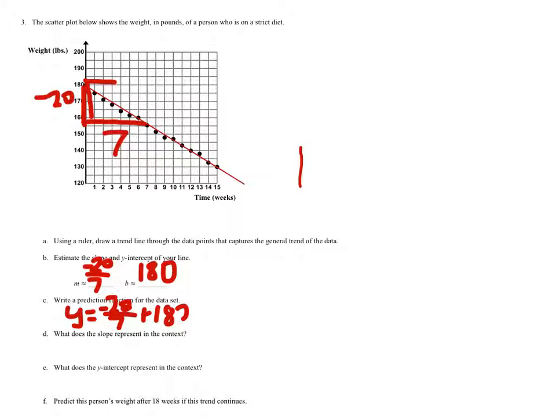What does the slope represent in the context? It represents you lose 20 pounds over 7 weeks.